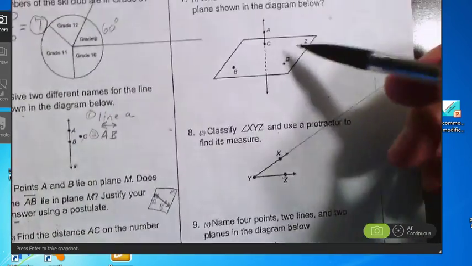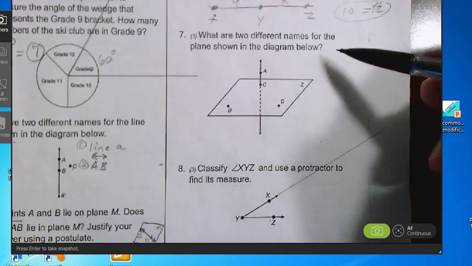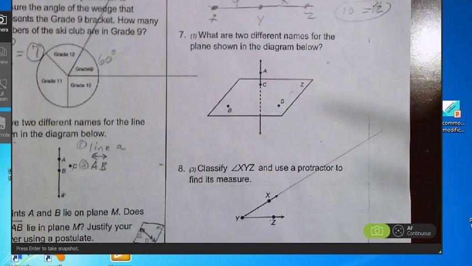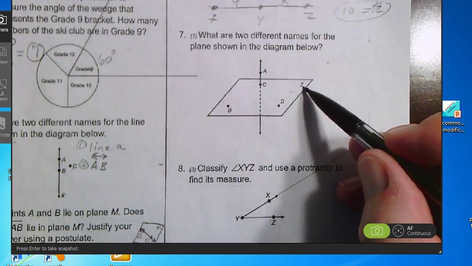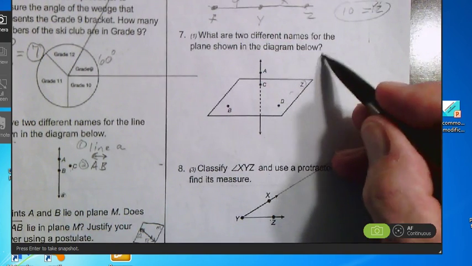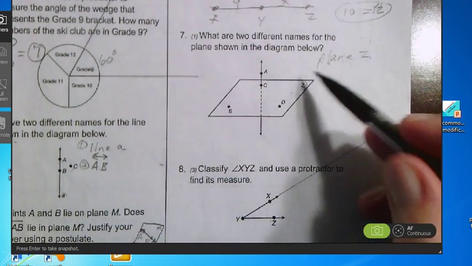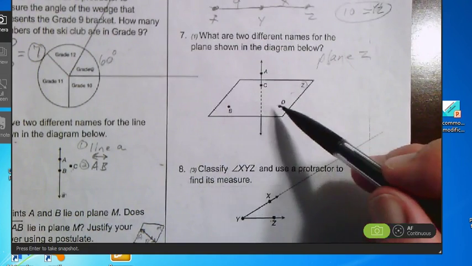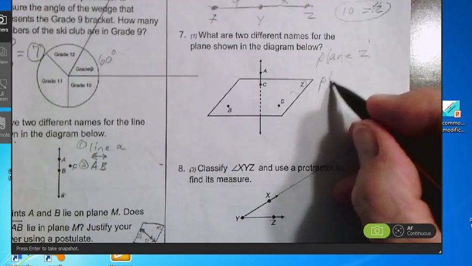Number 7. What are two different names for the planes shown in the diagram below? All right, well, one option is the slightly italicized capital letter in the corner, so we could call it plane Z. And the other option is to find 3 non-collinear points on the plane, that would be these 3, and use those to name the plane.